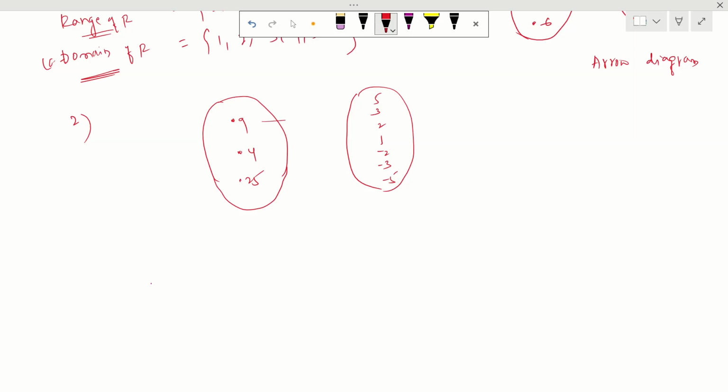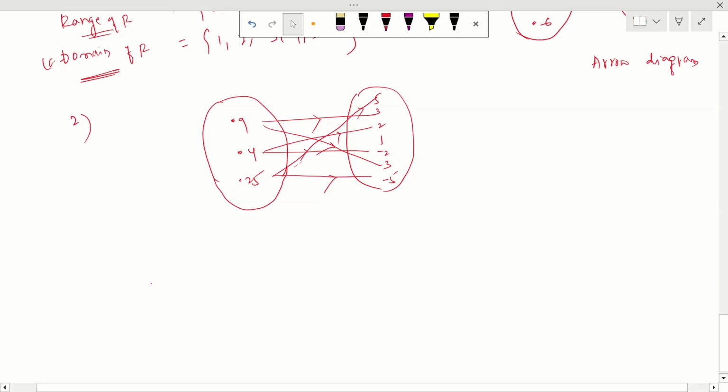From 4 the arrow marks are given: 4 to 2 and 4 to minus 2, and 25 to 5 and to minus 5.